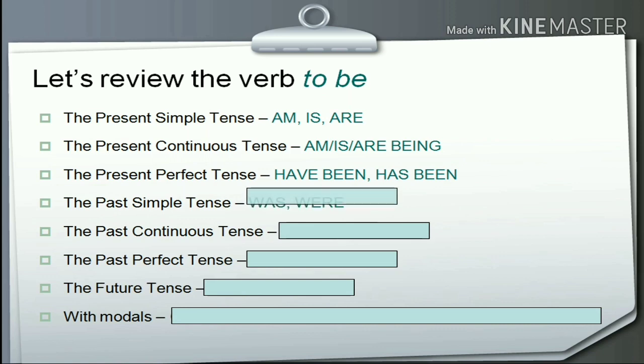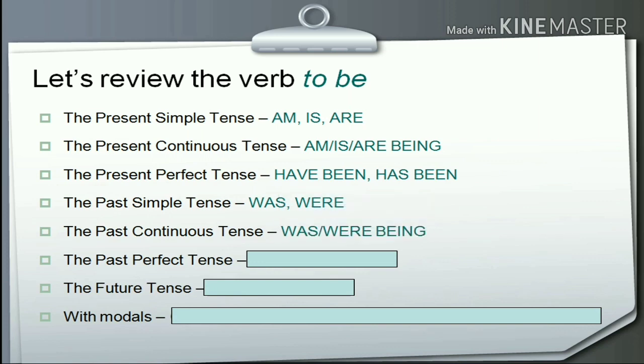The past simple is was and were. The past continuous is was or were being, right? Here is being, here was being.